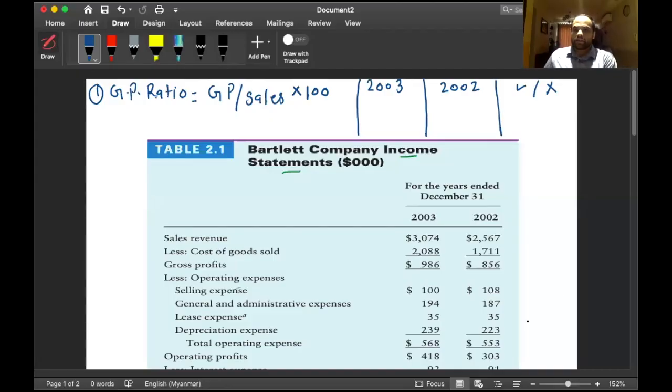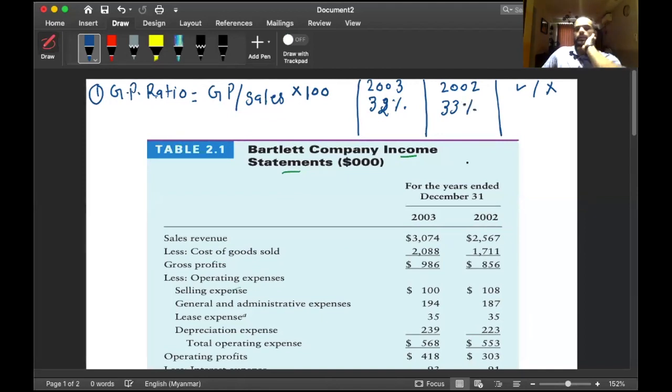Okay. For 2003 it is 33%. All right. And 2002, sorry, 32%. And 2002 is 33%.